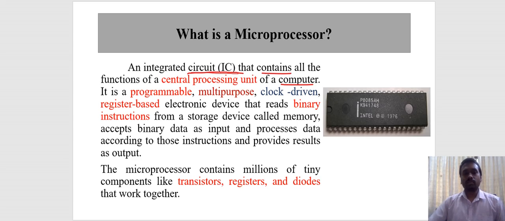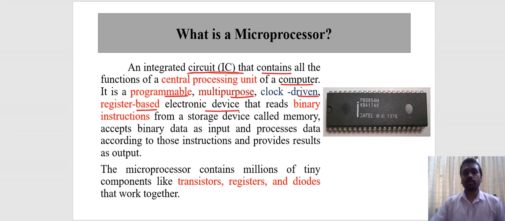And this microprocessor is a programmable, multi-purpose, clock-driven, register-based electronic device. So that means this integrated circuit is a programmable integrated circuit, which means we can program the integrated circuit, or we can change its functionality by changing different programs inside it.